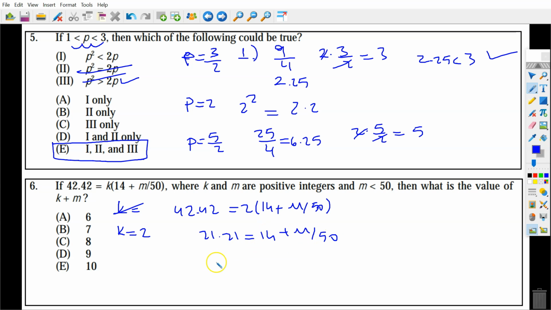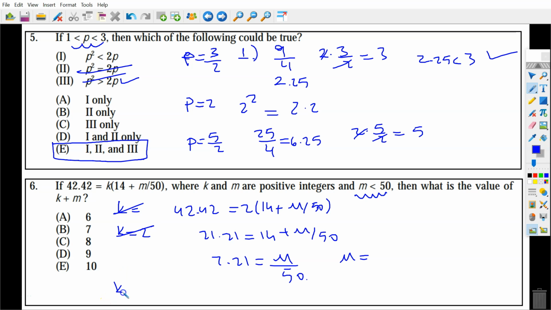If I subtract 14, we get 7.21 equals m divided by 50. Again, if you do cross multiplication, the result will be way bigger than 50. I'm not going to put the numerical answer right here, but it's going to be bigger than 50. So we have to abide by this given restriction. So k cannot be equal to 2.